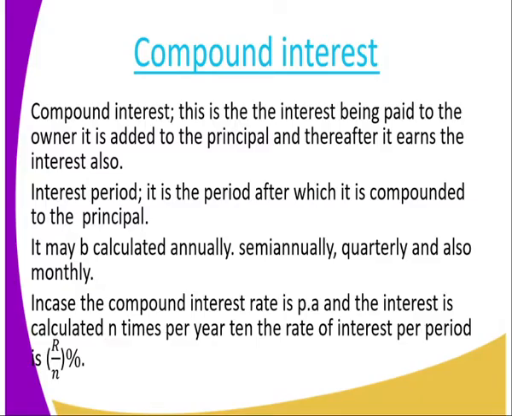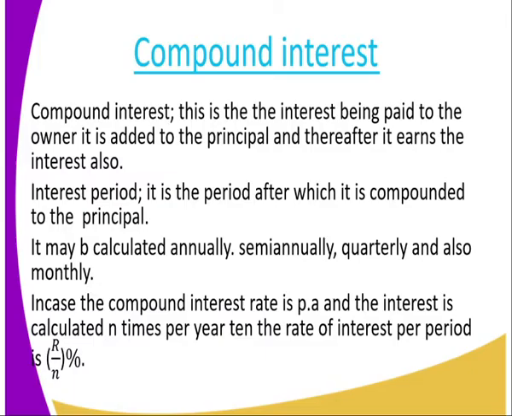Interest period. It is the period after which the interest is compounded to the principal. It may be calculated either annually, semi-annually, quarterly, or monthly. In case the compound interest rate is per annum and the interest is calculated n times per year, then the rate of interest per period is r divided by n.